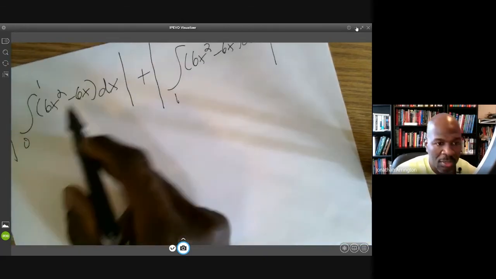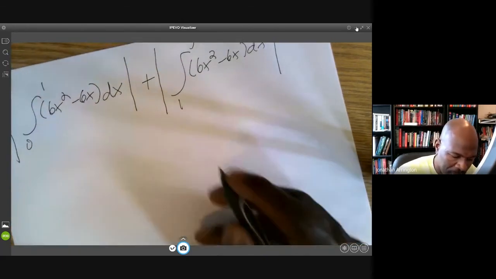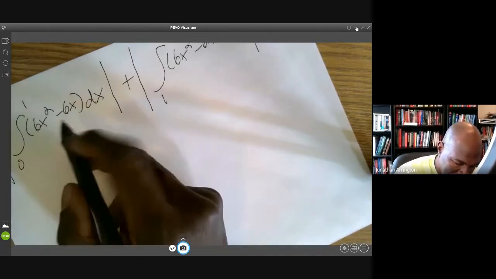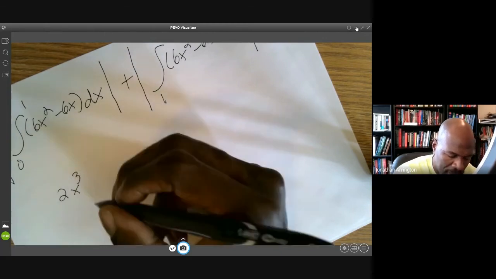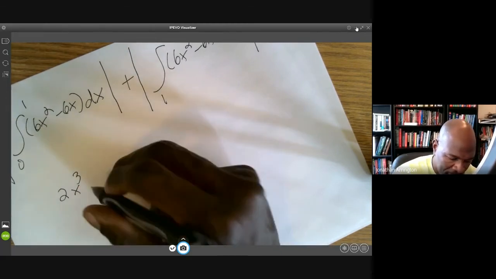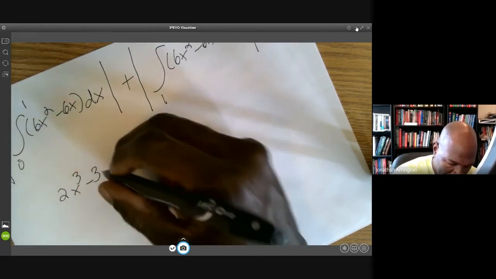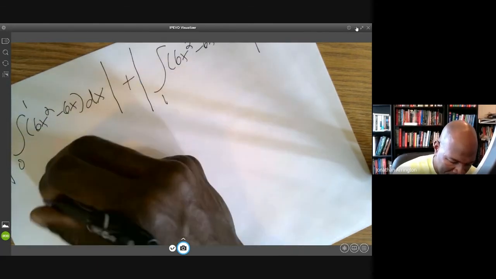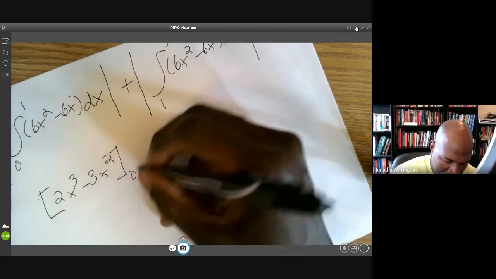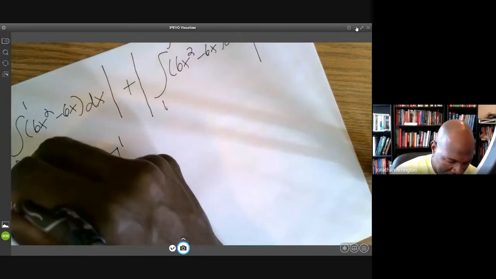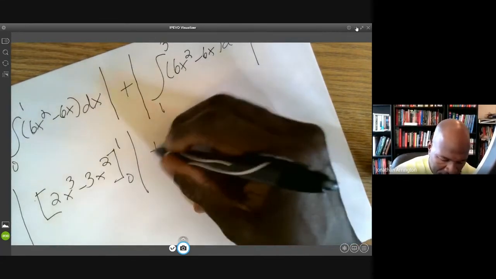So again, these are just polynomials, so it's just power rule. The first guy, the 6x squared, that would be 2x cubed, and the minus 6x would be minus 3x squared. That's the antiderivative in both cases. So here we're going to go from 0 to 1 and take the absolute value.